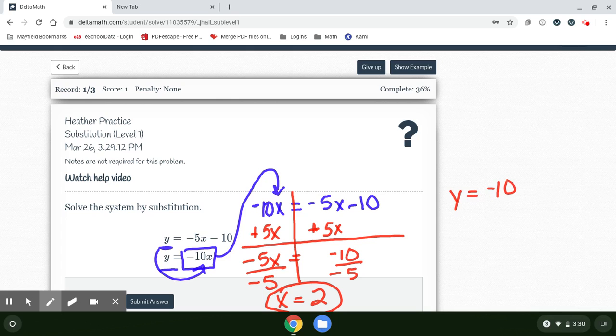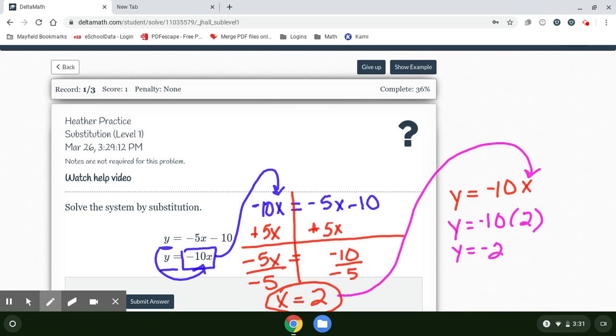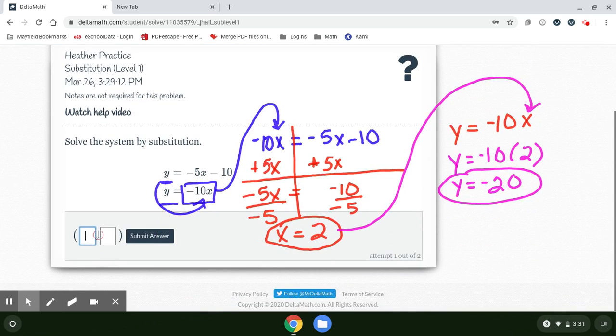I'm going to use the second one. And now I'm going to replace the x right there with the 2. So y equals negative 10 times 2. Y equals negative 20.